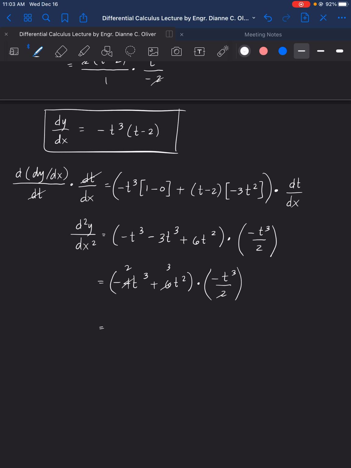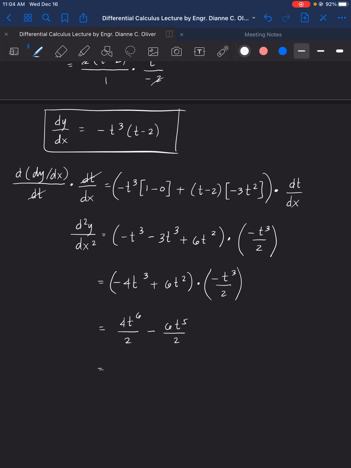Okay. So if that is the case, let's just distribute. So positive 4t raised to 6 all over 2, minus 6t raised to 5 all over 2.